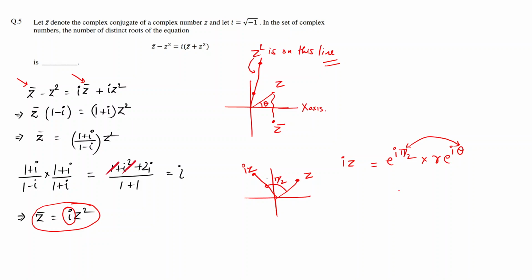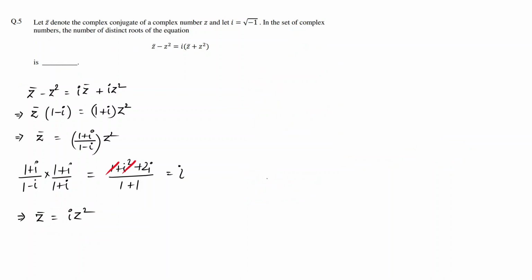If you know these concepts, then you can solve this question in a much more interesting way than going into the algebra. So what they are saying is that z bar, the conjugate of a complex number, is pi by 2 ahead in argument, or phase you can also say. I like the word phase too. Pi by 2 ahead in phase than z square.